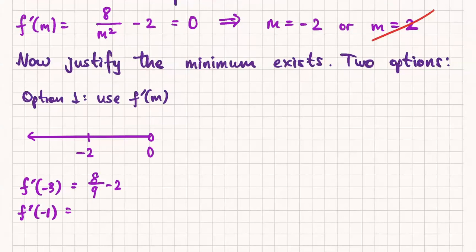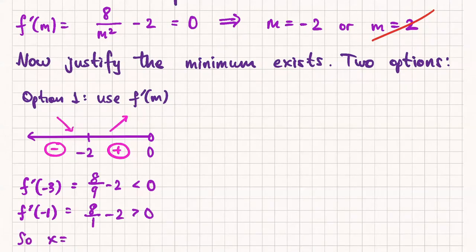And that is less than 0, isn't it? And f prime of -1 gives me 8/1 minus 2, and that's bigger than 0. So I get here negative and then positive. So decreasing and then increasing. So x equals -2 is local min.